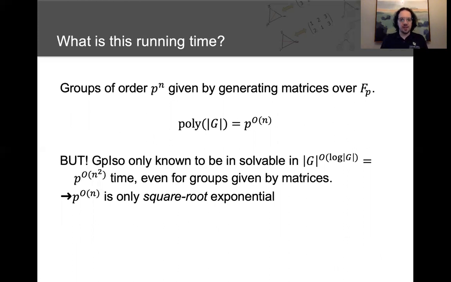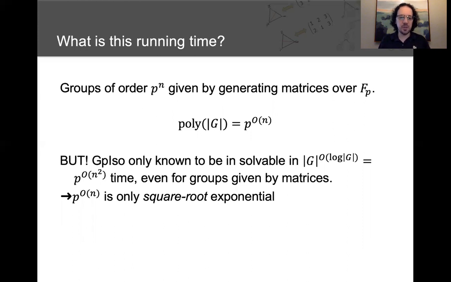So let's say we have groups of order p to the n given by generating matrices over the finite field Fp, right? So polynomial in the order of the group is like p to the o of n, which seems bad. It seems like it's simply exponential, and we're sort of used to that being brute force. But two things.